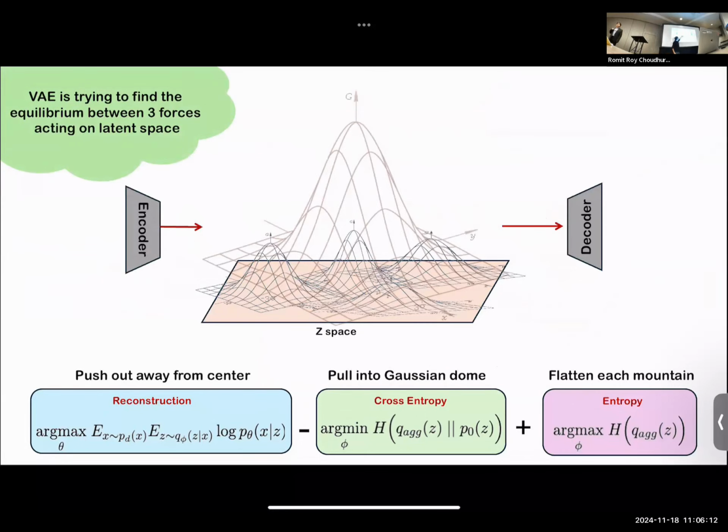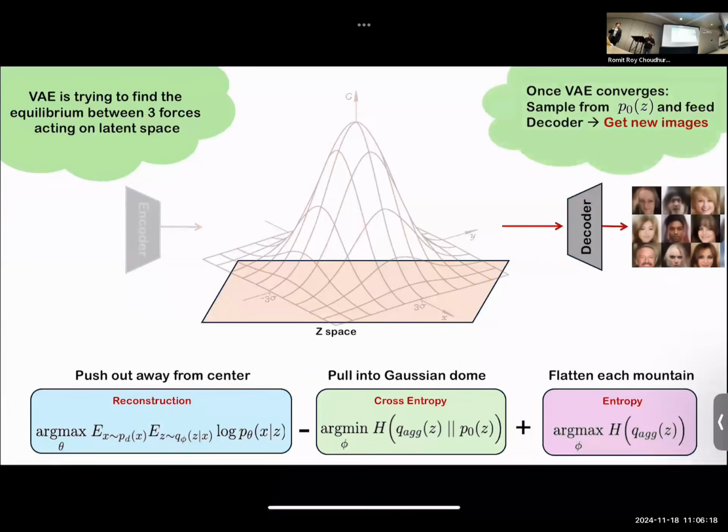There's a big mountain Gaussian, and the small posterior mountains look like this. That's what VAE is actually trying to optimize. Once you've learned, all you do is forget all those small mountains because you've learned the rules. And now you sample from a Gaussian on that rule space, and you get images.